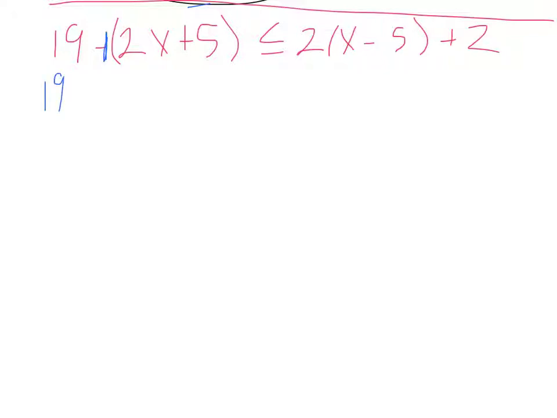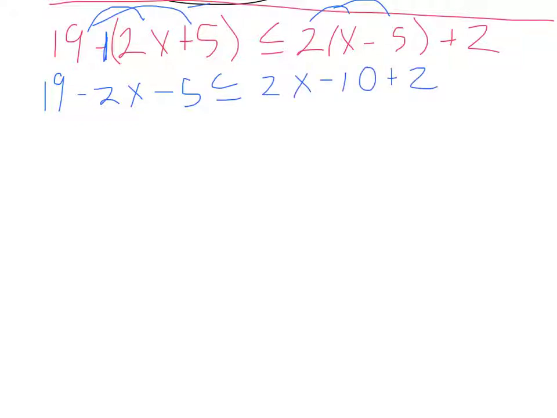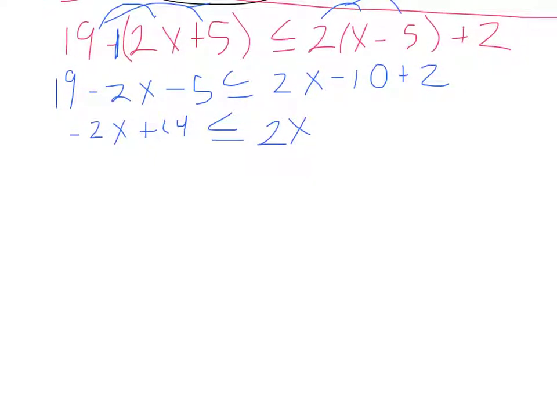So we have our 19, but this negative distributes in here to negative 2x, distributes in here to get our negative 5, less than or equal to. 2 distributes here and here, so 2x minus 10 plus 2. Once again, combine like terms, so negative 2x, or 19 minus 5 is positive 14, less than or equal to 2x. Combine like terms, minus 8.